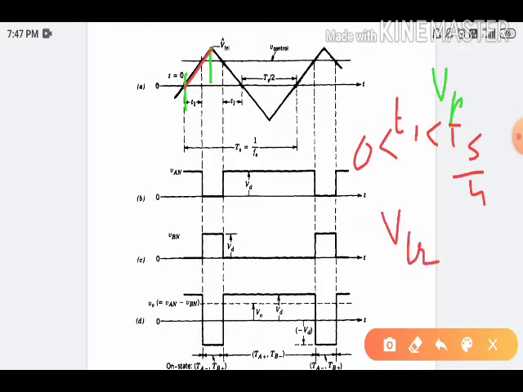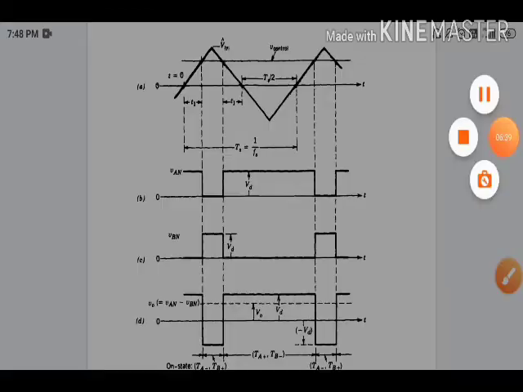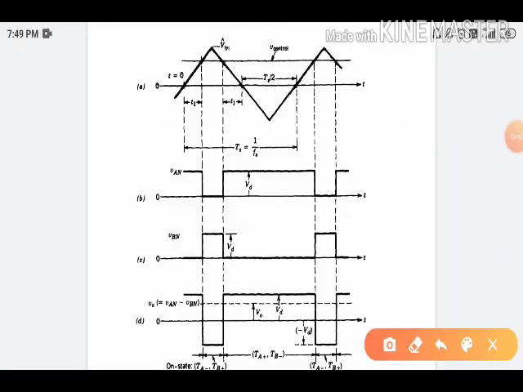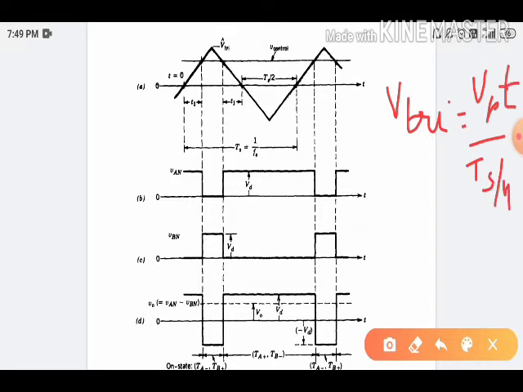V triangle is equal to V peak by Ts by 4, which is the slope, multiplied by t, the ramp function. This is the voltage at any point on the line from 0 to Ts by 4.